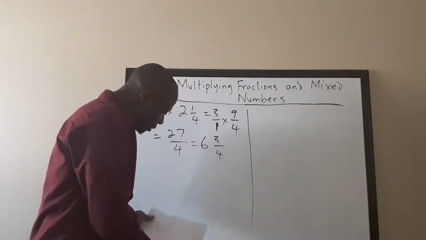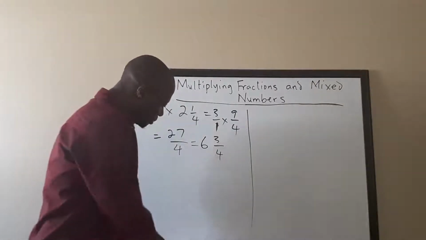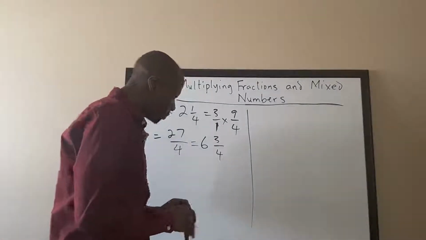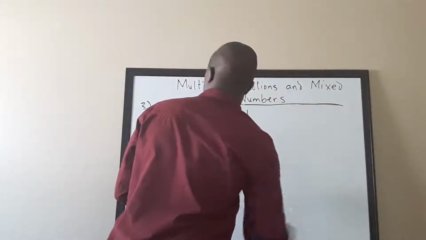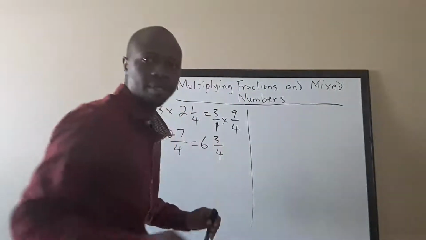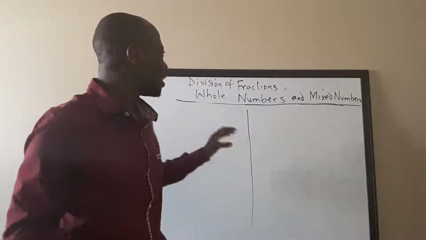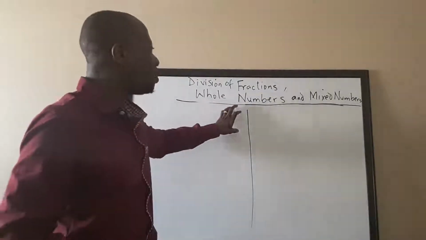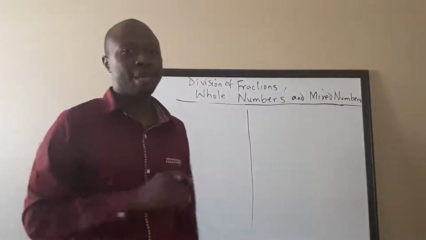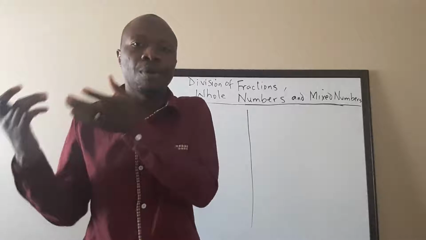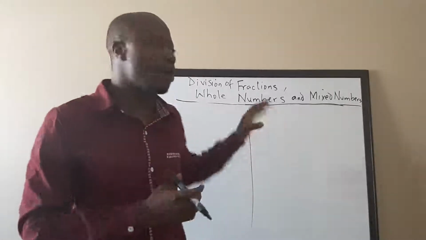So right now, we're going to move on to division. Alright, so division of fractions, whole numbers, and mixed numbers. Now this one is very similar to when we did multiplication of all these items.